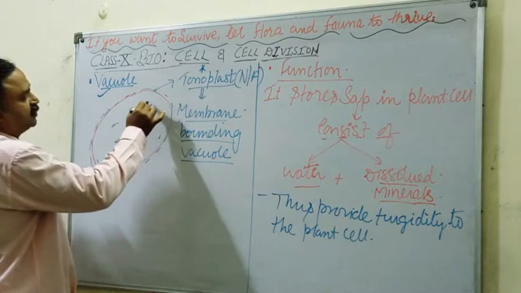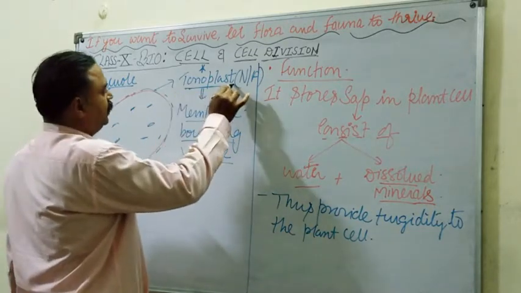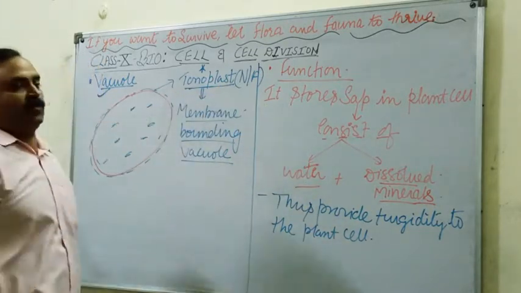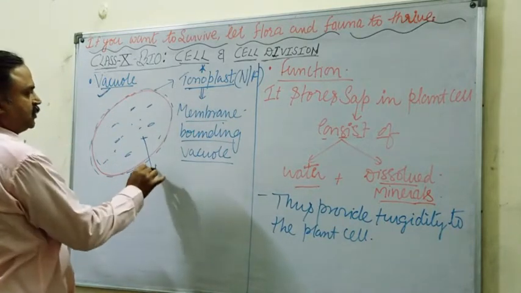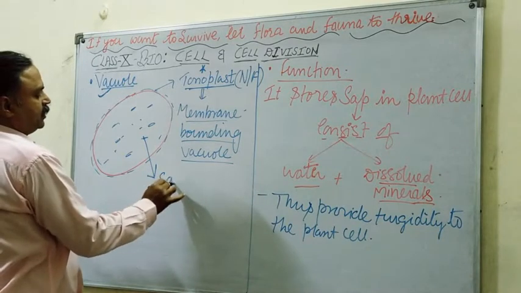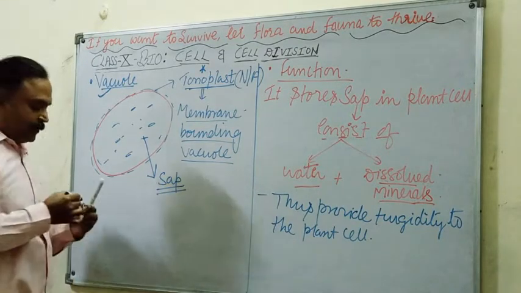When we observe the function of the tonoplast, it only forms a lining around the vacuole. But the function of the vacuole is that it stores sap. Now what do you mean by sap?